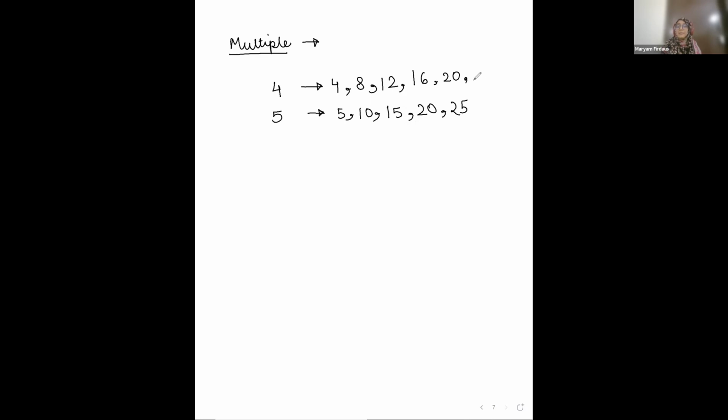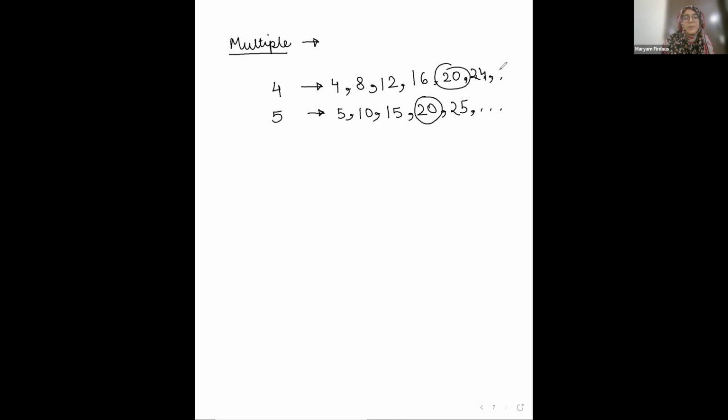In fact, they will have an infinite number of multiples. So when there's an infinite number of things, we just put a dot dot dot. Now, Hiba, can you tell me what are the common multiples between 4 and 5? 20. Very good.